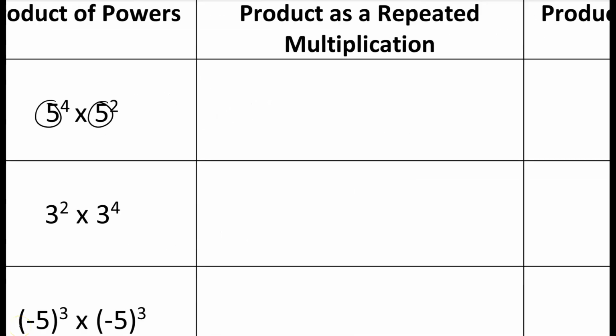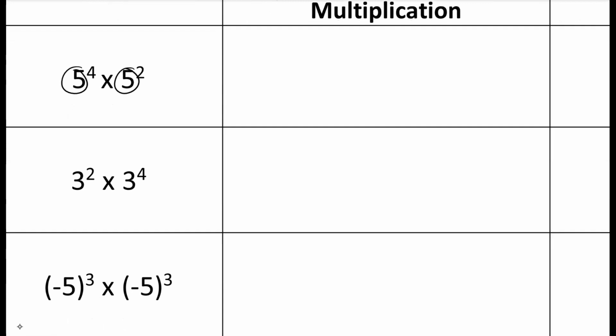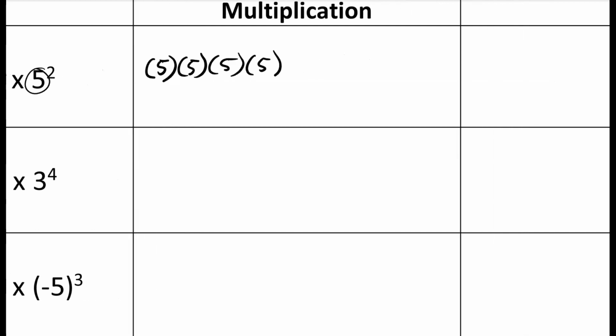We'll be writing out the repeated multiplication as 5 times 5 times 5 times 5, which represents 5 to the power of 4, multiplied by 5 times 5 to represent 5 to the power of 2.